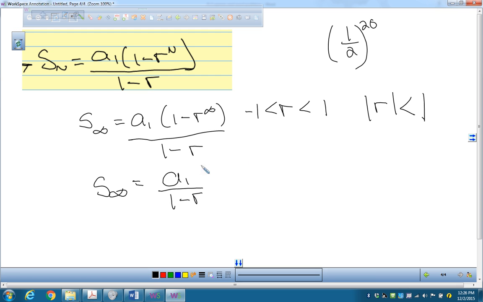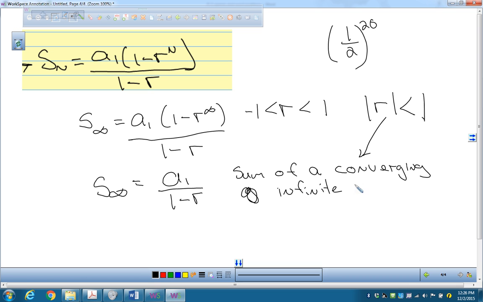So this is the formula for the sum of a converging infinite geometric series, meaning it reaches a value where the absolute value of r is less than 1. That's what happens when I don't put that in.